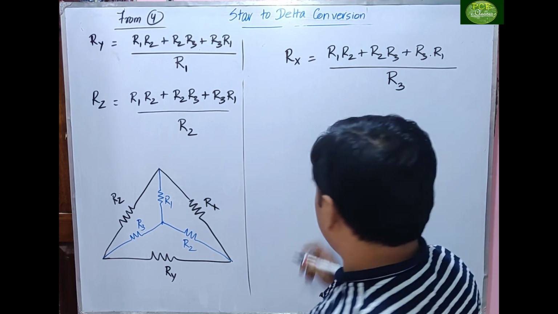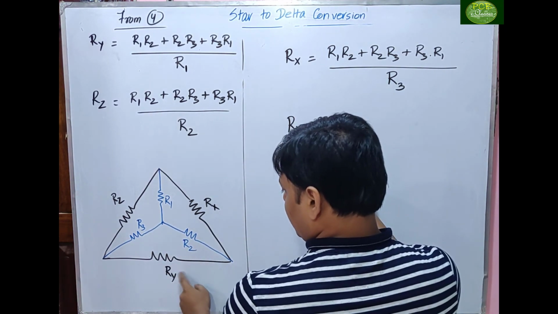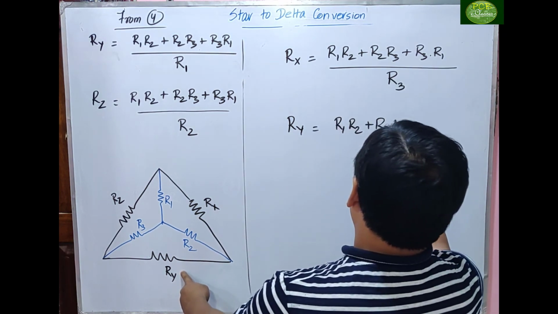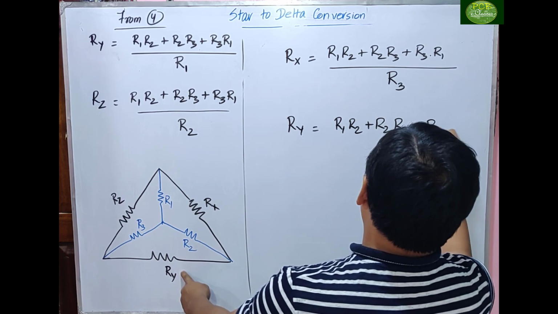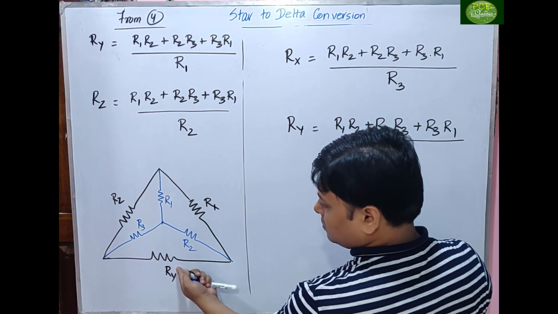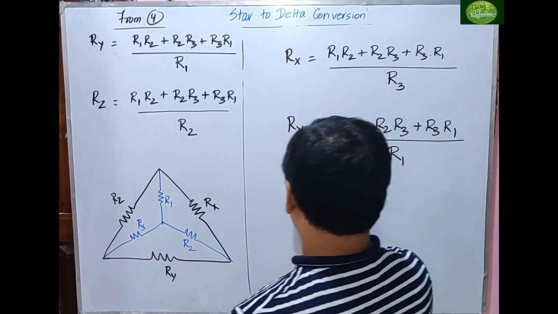Clear? Similarly, Ry, what will I write? Same: R1 R2 plus R2 R3 plus R3 R1 divided by the opposite star connected resistor, which is R1.